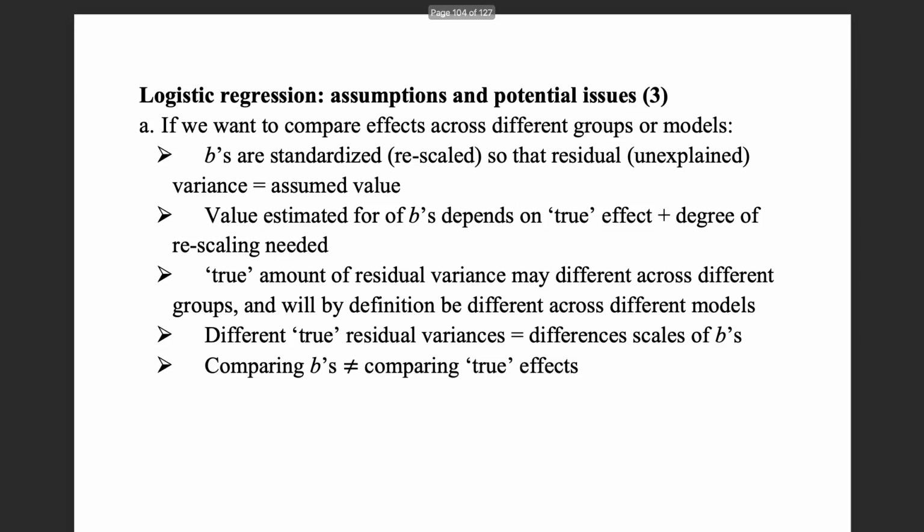Which means that in a logistic regression model, this is really different from a linear regression model, comparing regression coefficients across models estimated for different groups is problematic. Yeah, so for instance, estimating a separate model for men and for women, or estimating separate regression models for different countries, or across different models for the same set of observations. Yeah, so models with different sets of X variables included.